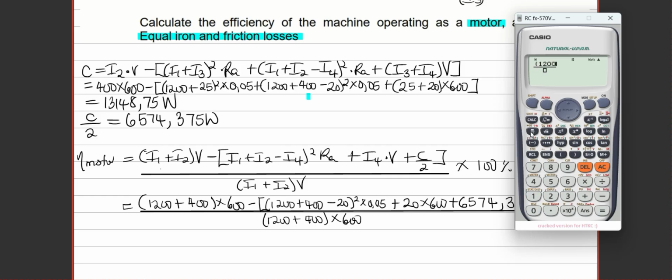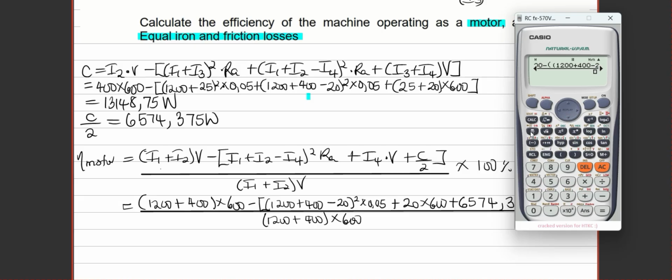So we have 1200 plus 400 times 600 minus open bracket, our I1, we have 1200 plus 400 minus 20, all squared, times 0.05, plus 20 times 600 plus 6574.375 close bracket.